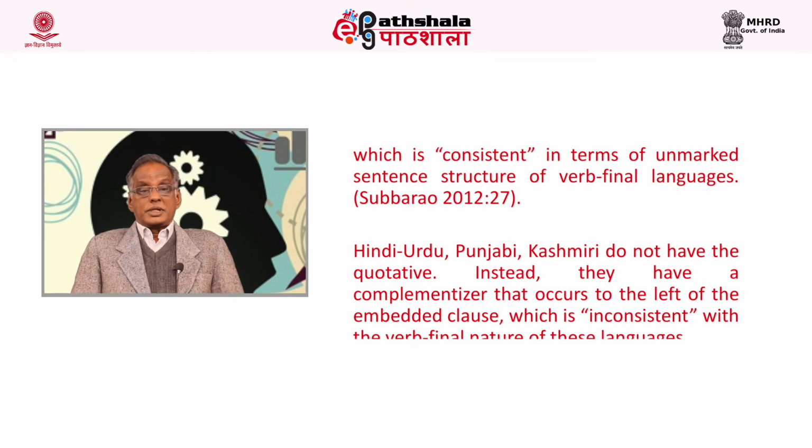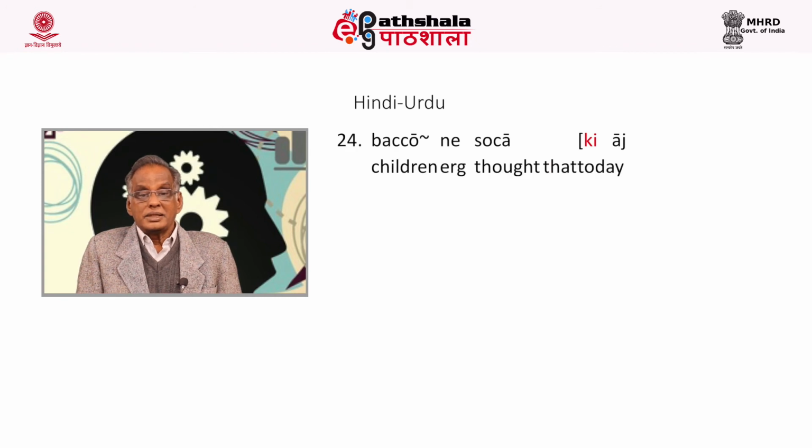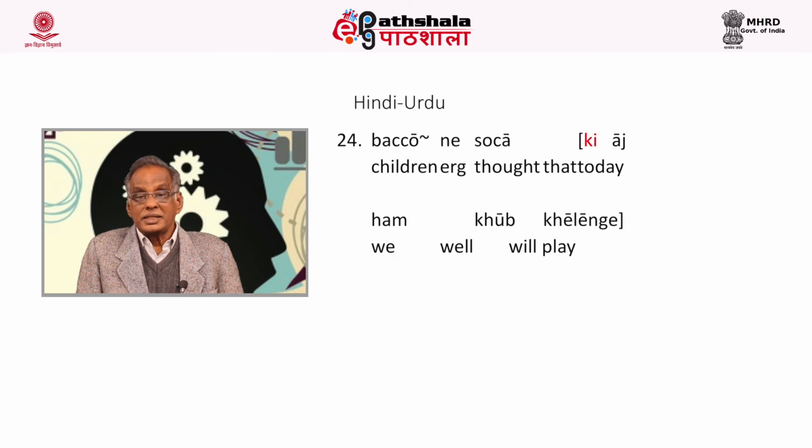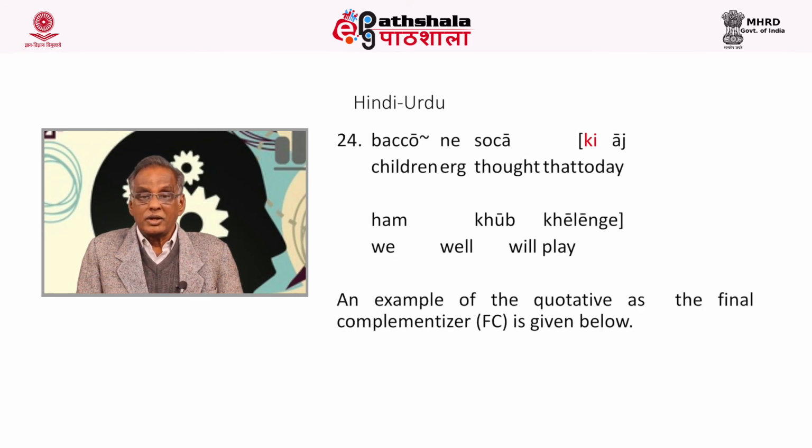Let's take the Hindi Urdu example. In 24, बच्चों ने सोचा कि आज हम खूब खेलेंगे. Ki is the complementizer that links the main clause and the subordinate clause. The subordinate clause, आज हम खूब खेलेंगे, we will play a lot today, and the complementizer ki occurs to the left of the embedded clause.